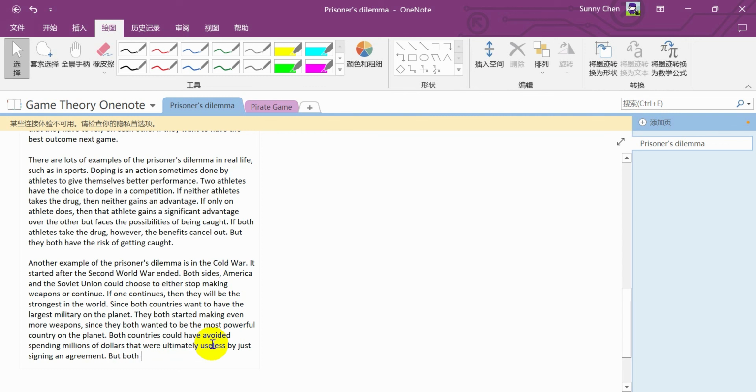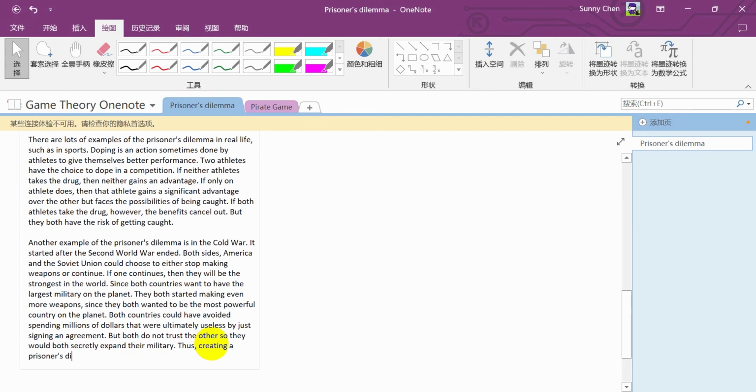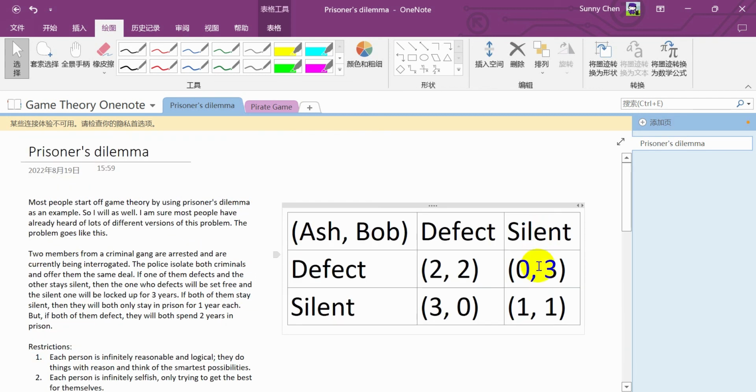But both do not trust the other, so they would both secretly expand their military, thus creating a prisoner's dilemma.